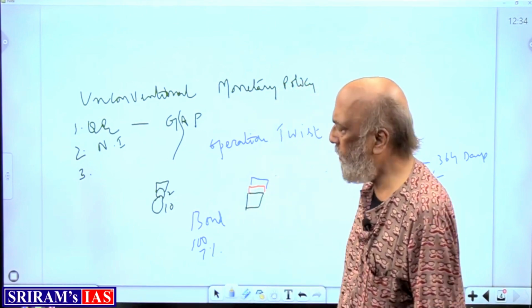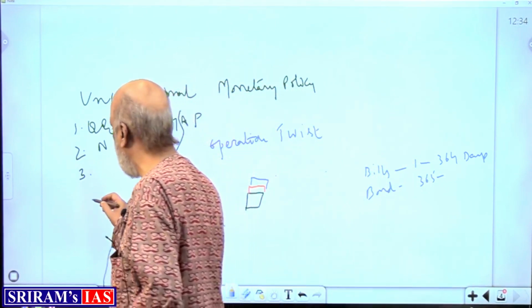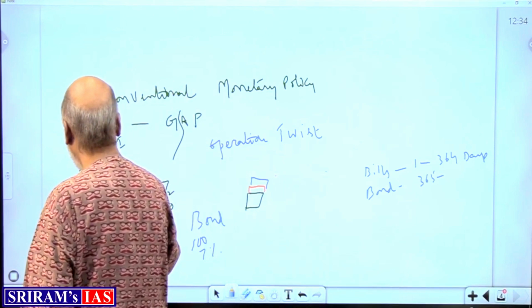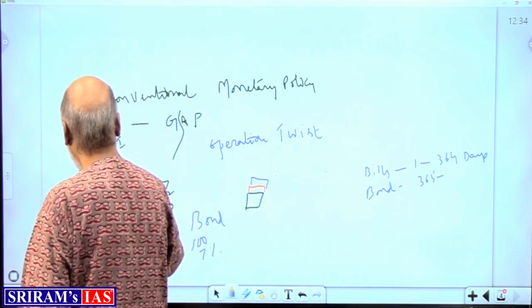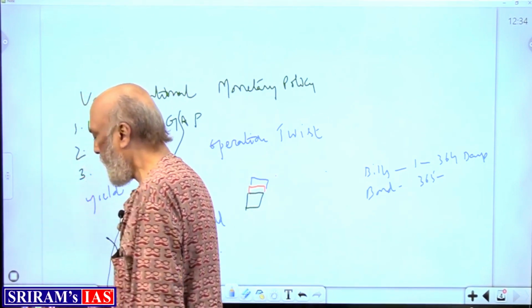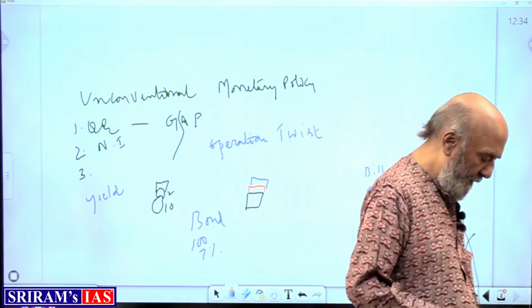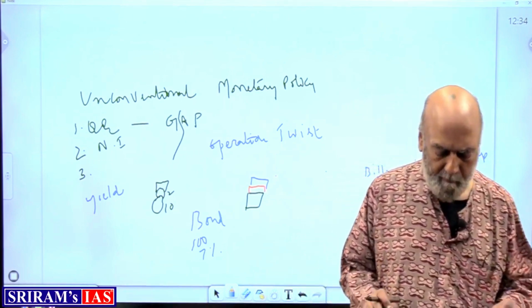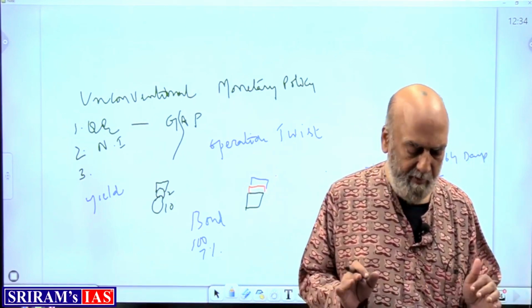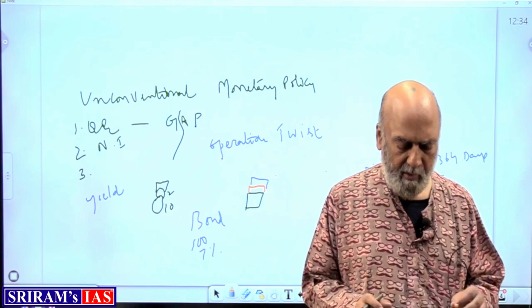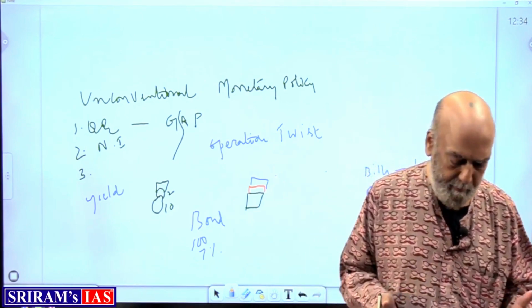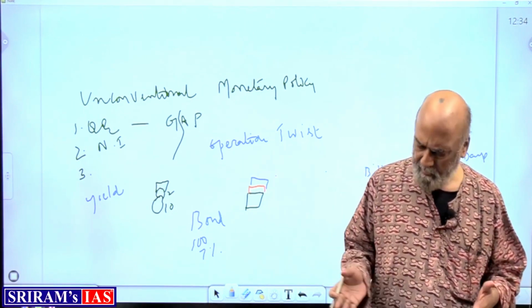But I'll explain to you yield now. Yield is very interesting. What is yield? See, the 100 rupee bond I have fetches me 7. I have sold it for 90. Why did I sell?